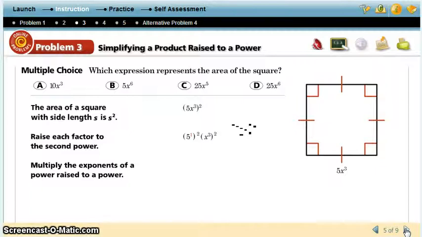Next, multiply the exponents of a power raised to a power. So power to a power rule, 1 to the second power, so 5 to the first power to the second power, so 1 times 2 is 2, and then you have power to a power here, 3 times 2 is 6.